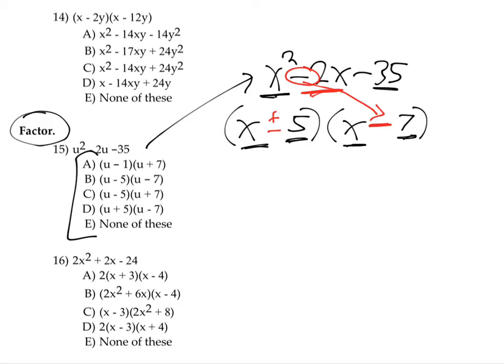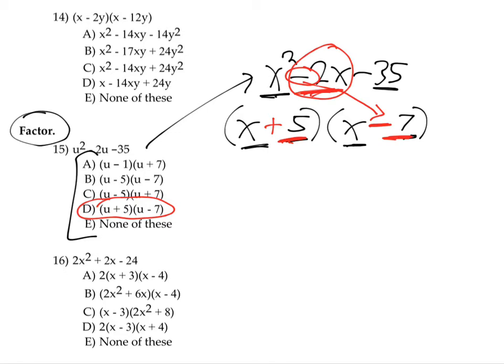So it's -7 for sure. And what does the 5 need to be, plus or minus, to make the middle -2? Positive, right? Because you gotta lose $7 and gain $5 to have a -2 effect, a loss of 2. Right? So that's right. And they have that. D it is. Here it is.